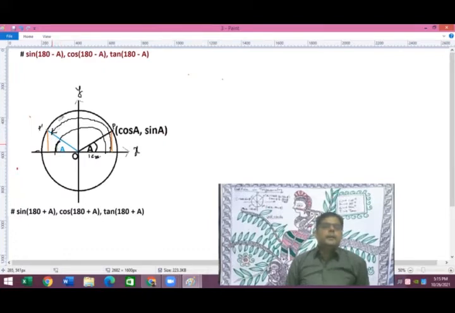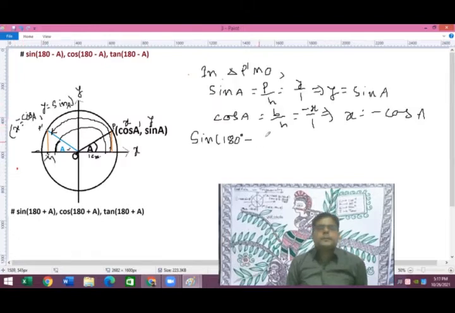Alright, so in this case let's consider this angle. You know that at P the x coordinate is cos A and the y coordinate is sin A. Now we check for P dash, what would be its x coordinate and what would be its y coordinate. Look at here now.